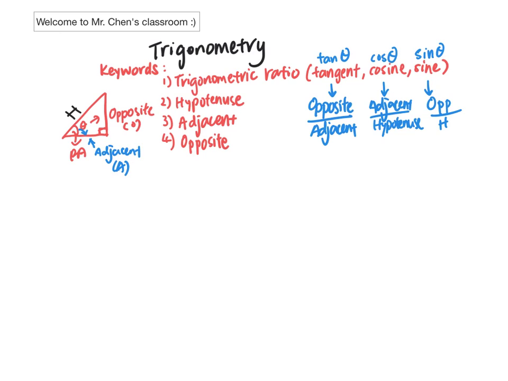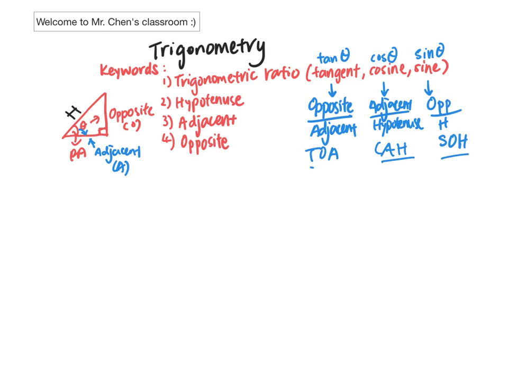SOHCAHTOA, if you still remember. SOH is sine equal to opposite over hypotenuse. CAH is cosine equal to adjacent over hypotenuse. And your last one is TOA, which is tangent equal to opposite over adjacent.